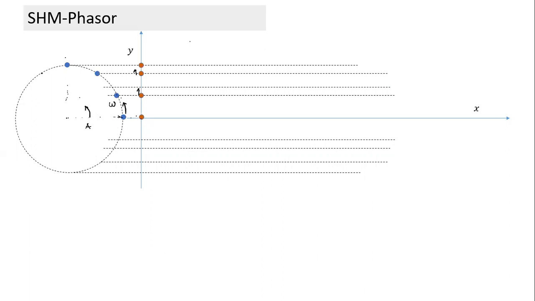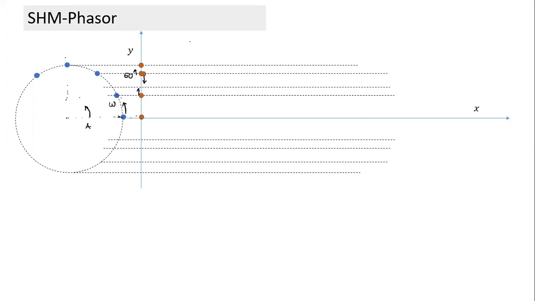What will happen after another 30 degrees? When it travels another 30 degrees from here, or 120 degrees from the initial position, the particle will come back here. So these two are identical positions for an SHM, while on the reference circle there are two different positions. In one case it was going up, corresponding to this. When it is going down, it corresponds to a phase angle of 120 degrees. What do you understand here?